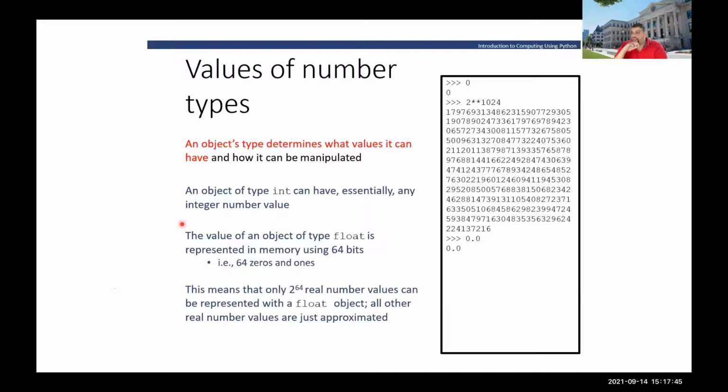Let's take an instance like this, 2 to the power 124, okay? 2 to the power 124 will give you this huge number. Now, if I said 2 to the power 124.0, what am I going to get? The same answer.